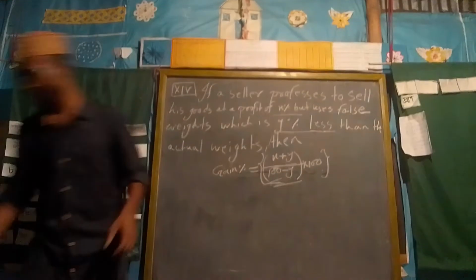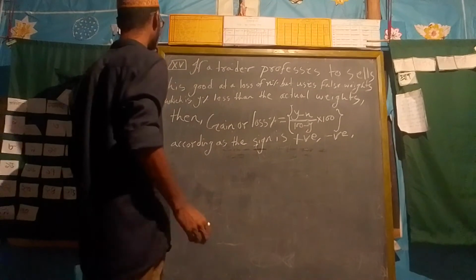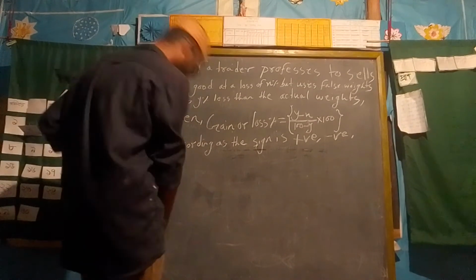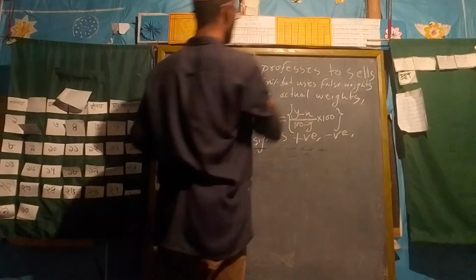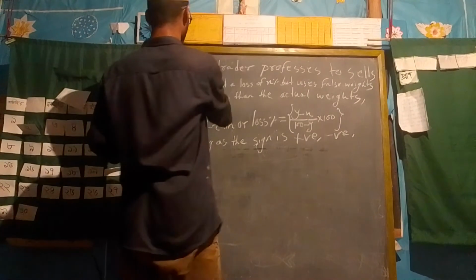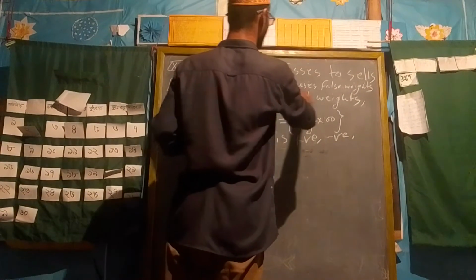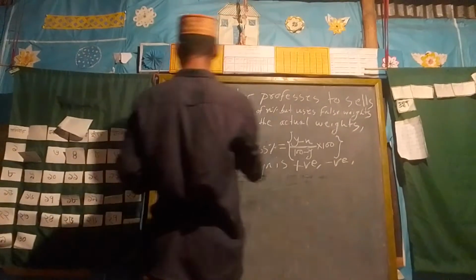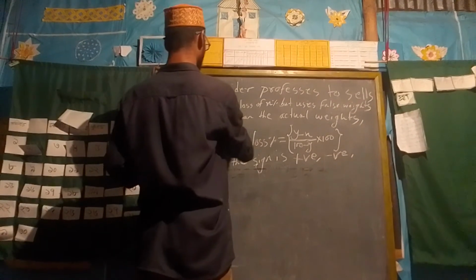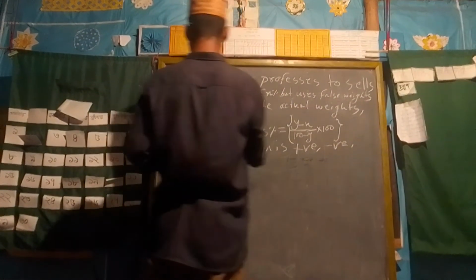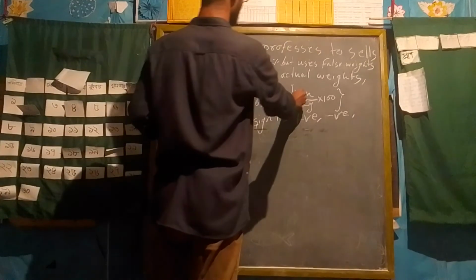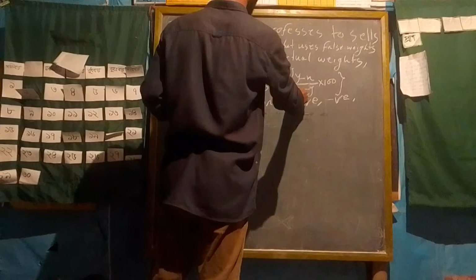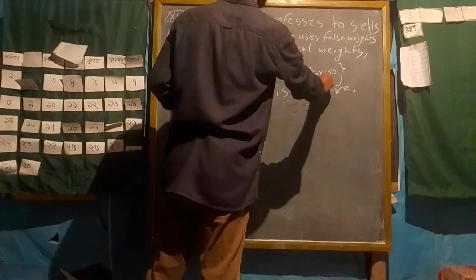Okay. Let's have a look at our formula number 15. If a trader or a seller professes to sell his goods at a loss of X% but uses false weights which are Y% less than the actual weights, then gain or loss percentage will be Y minus X divided by 100 minus Y, into 100.